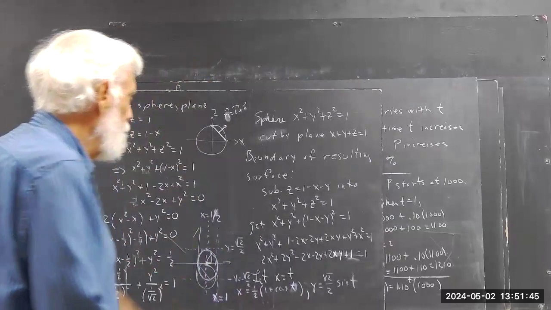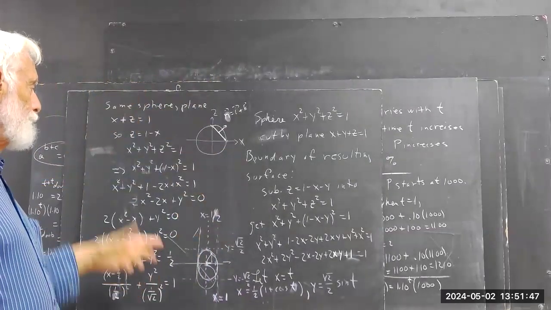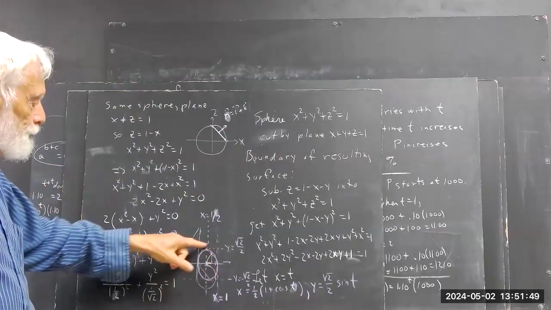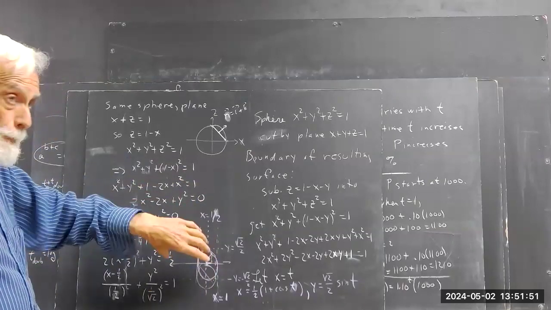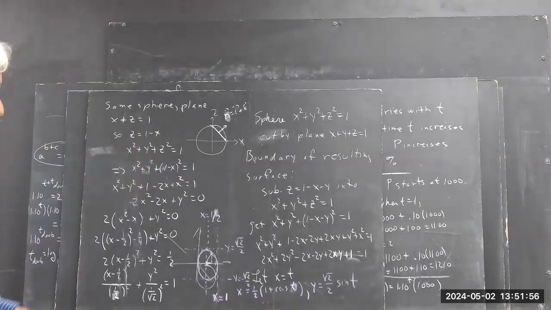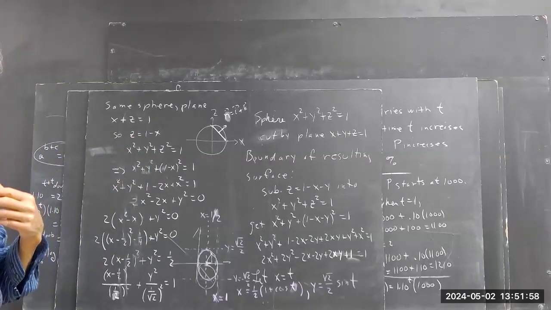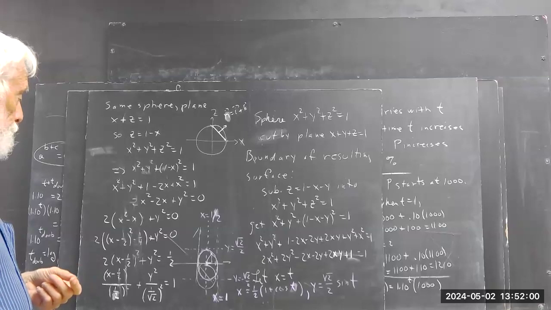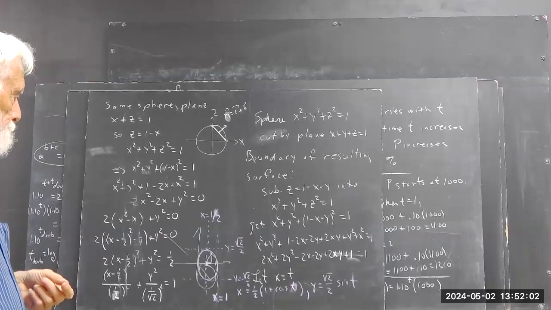If I want to set up the integral over the curve of intersection, I've got to include the z coordinate. This is the shadow down in the x, y side. Well, the z coordinate is 1 minus x. So you can parameterize it.